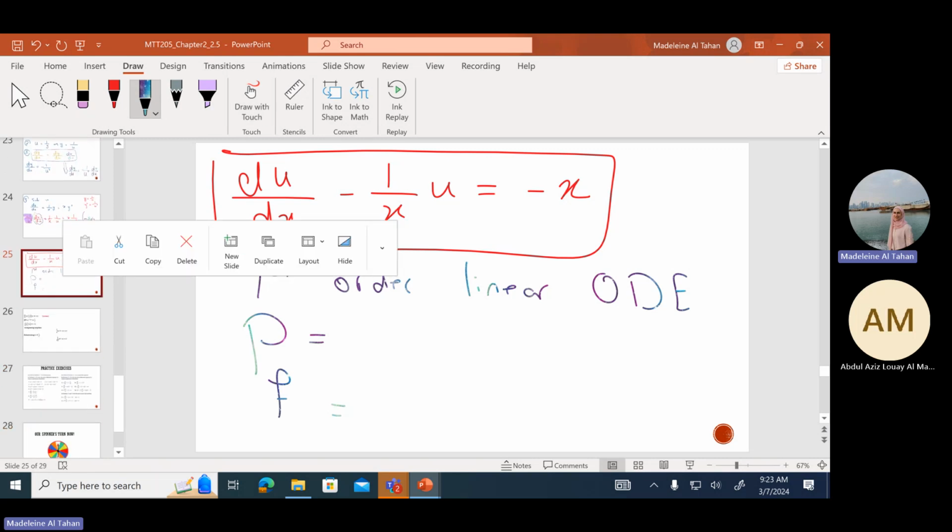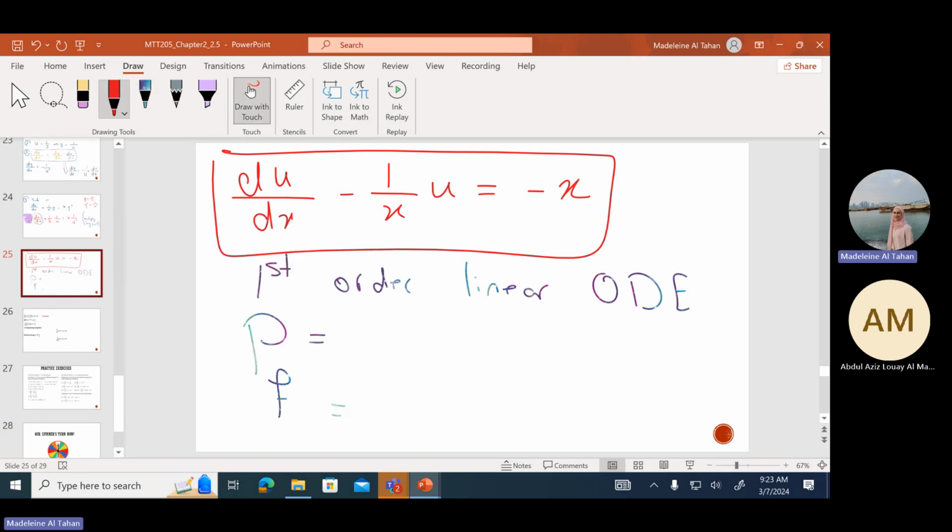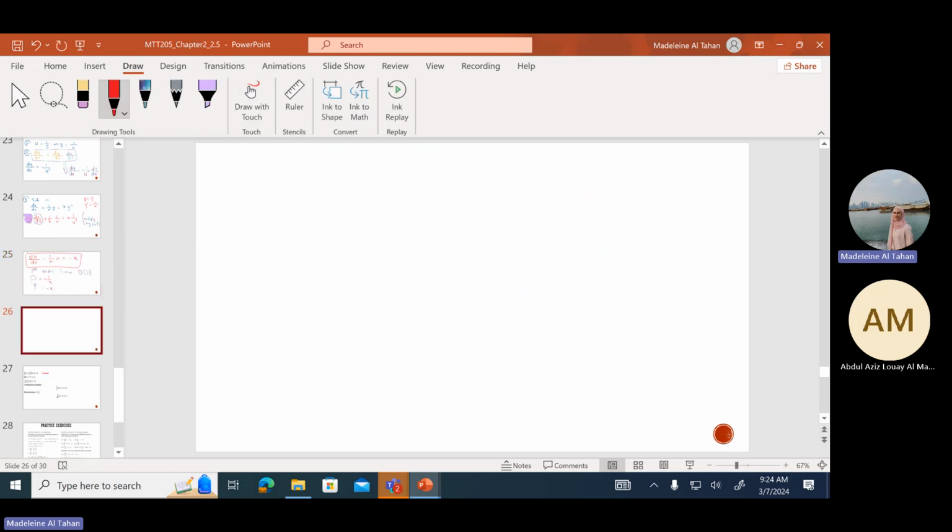Okay, so what will that be now? What's our new P? Minus 1 over x. Our A is minus x. What's our integrating factor?